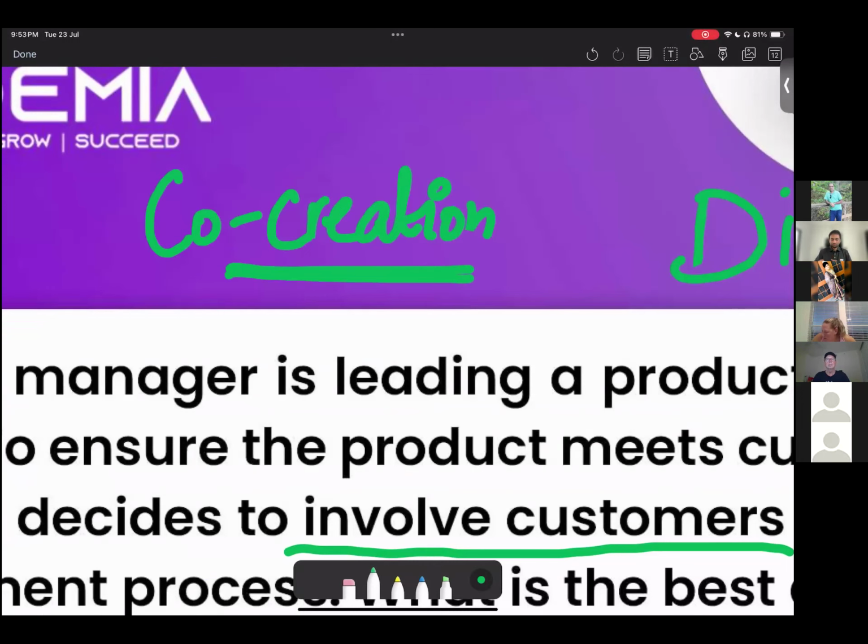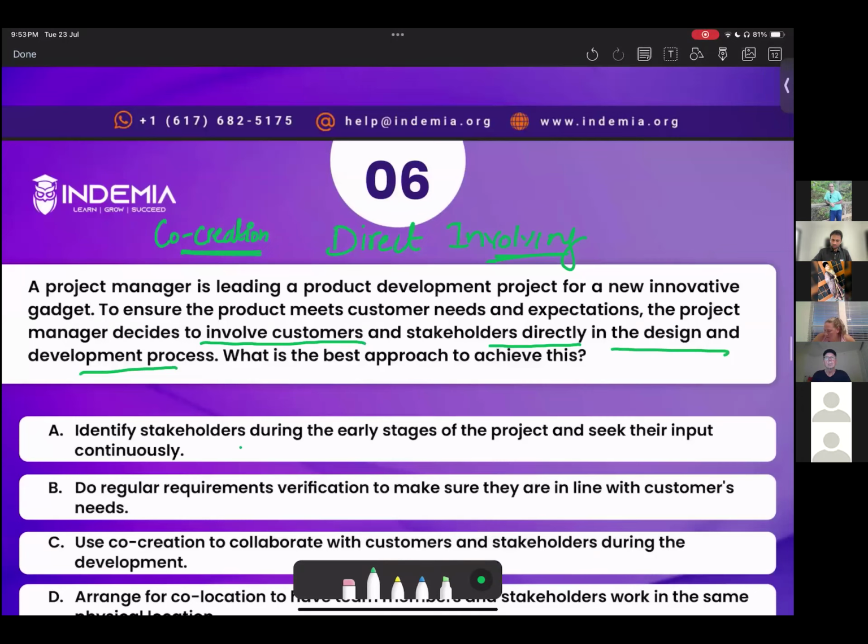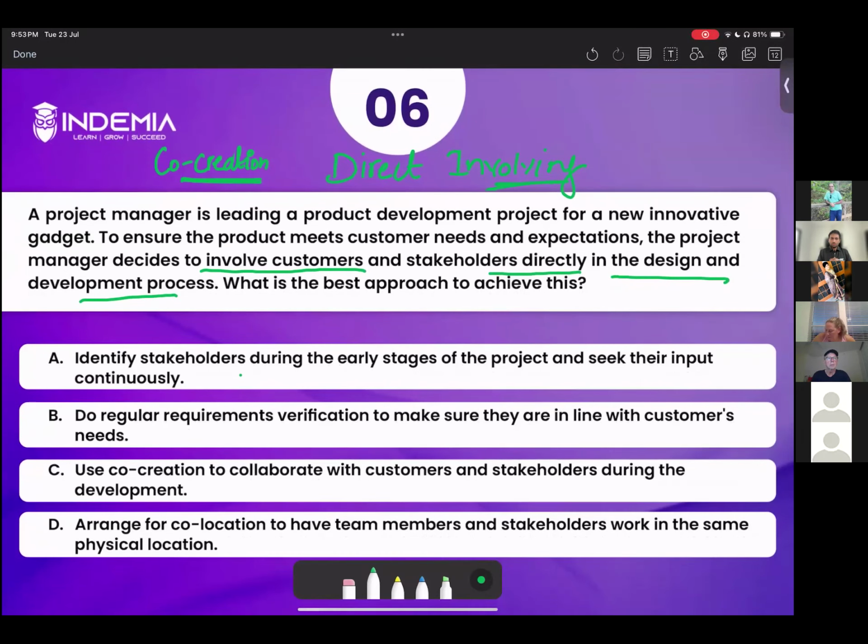For example, in one of the projects, we made customer representative part of our steering committee. They were involved in project monitoring and oversight. So they were able to provide us the right information at the right time, and they were getting information as well, whatever they need. So that was a win-win situation.